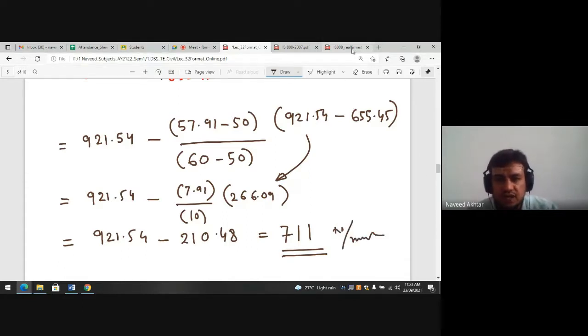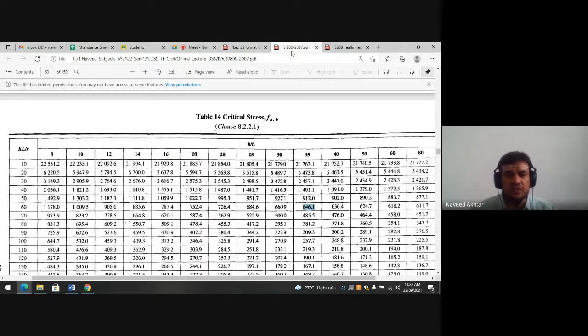So this value from the IS code, we have taken all the hf by tf values 30 and 35. The value we have taken from here for 50 and 60.